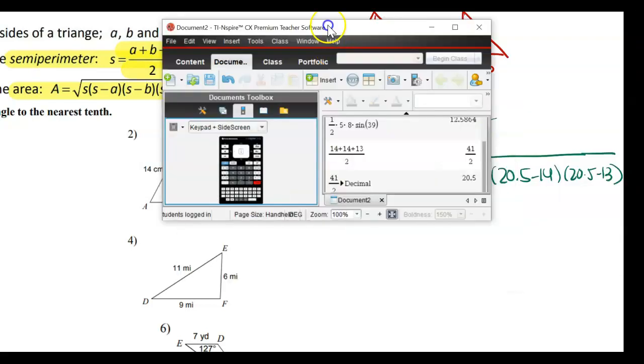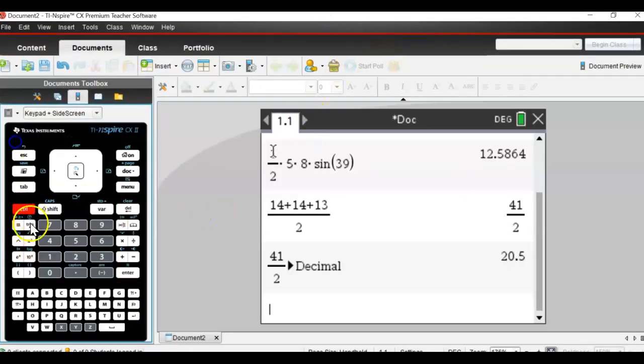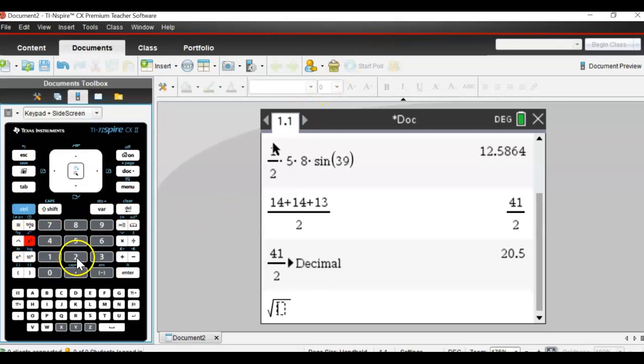I'm going to bring my calculator back over, and we're going to substitute this in. So we're going to take the square root of, we're going to do 20.5 parentheses, 20.5 minus 14. You're going to plug this in for all of them, guys. So make sure as you're writing this out or plugging this in that you actually use the parentheses button. And this is minus another 14.